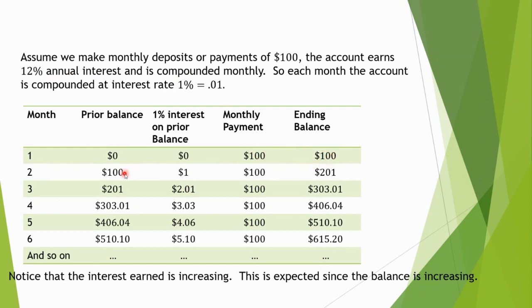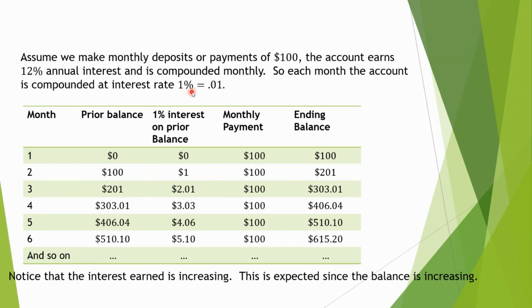Okay, now we're in month 2. There's $100 in there from the previous month. Now remember, this 12% was the annual interest. So every month, we're going to use the percent, 1%, because we're dividing by 12, and we're taking 1% of what's in there. So in other words, how much is going to be added as interest? 1% of 100, which is $1.